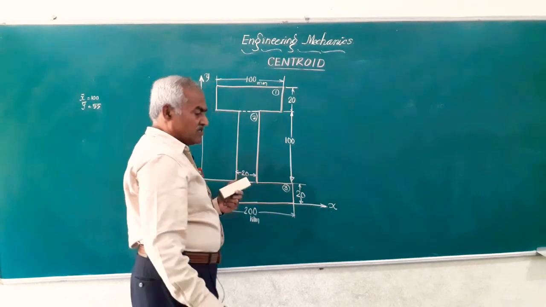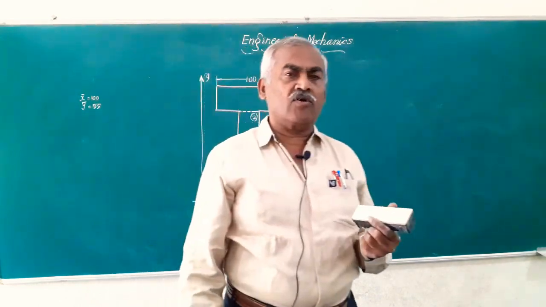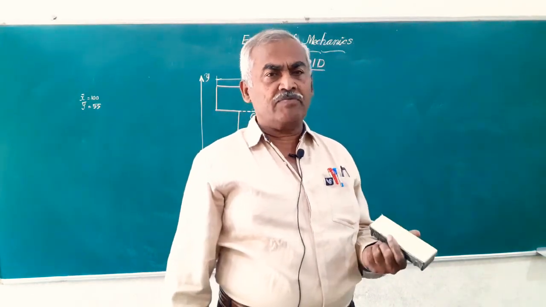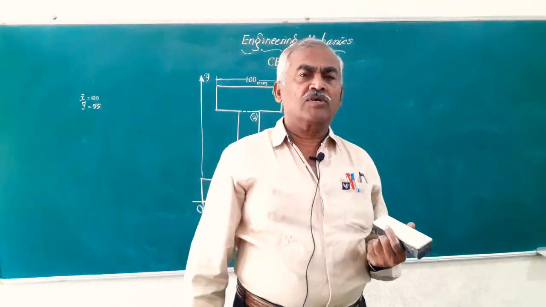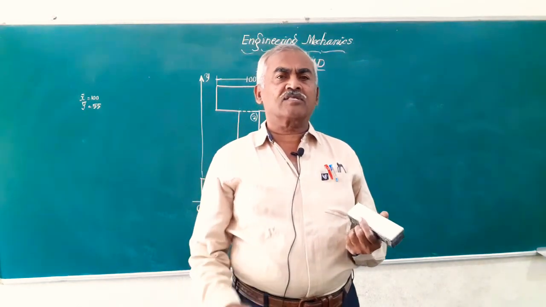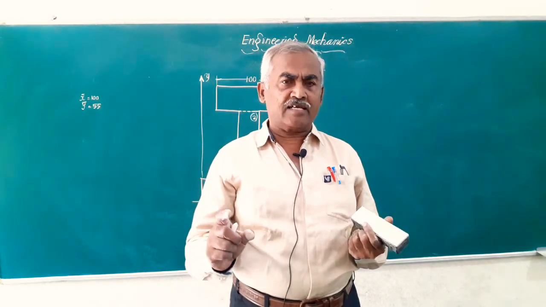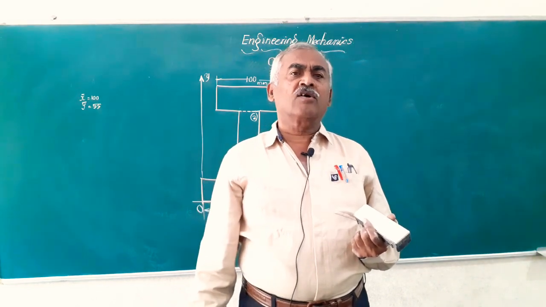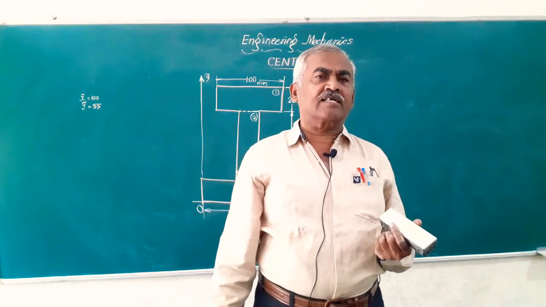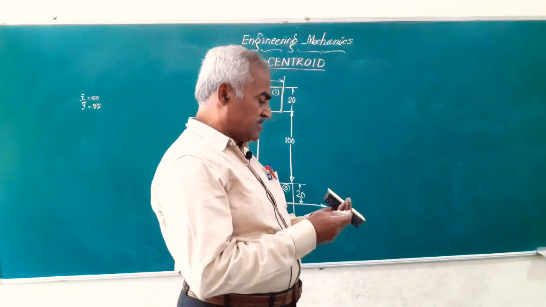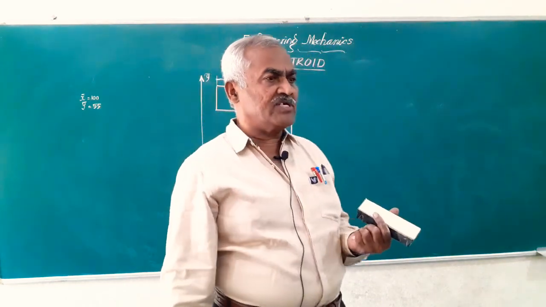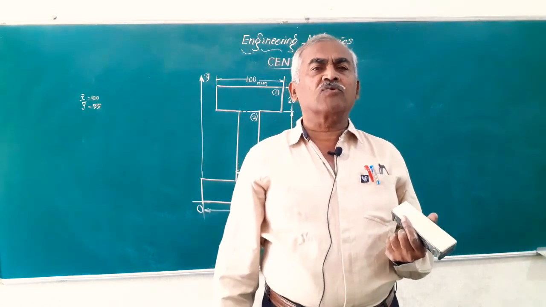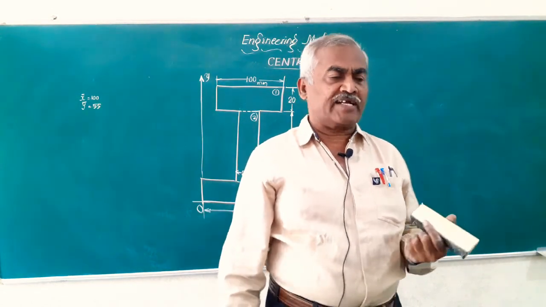So friends, to find the centroid of the given beam or I section, you need the areas of cross section of the individual rectangles and also the position of the centroid of all these three rectangles separately. In one of my previous videos, I have told you how to locate the centroids of rectangles.